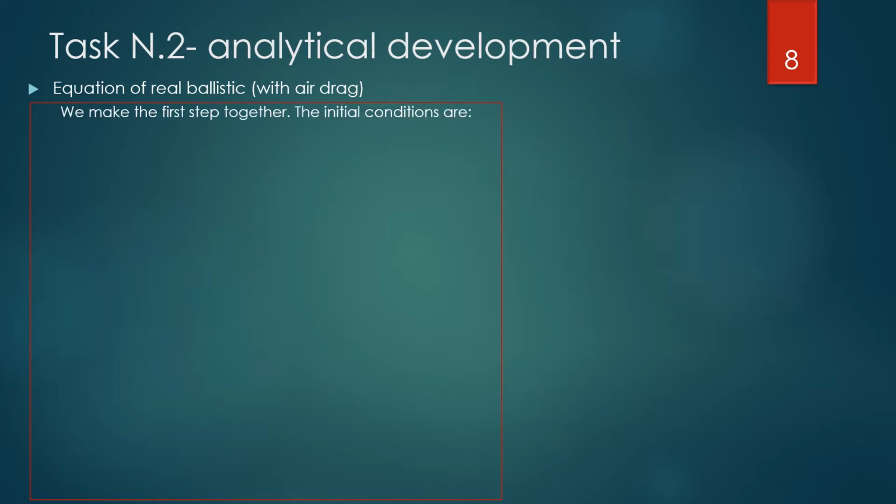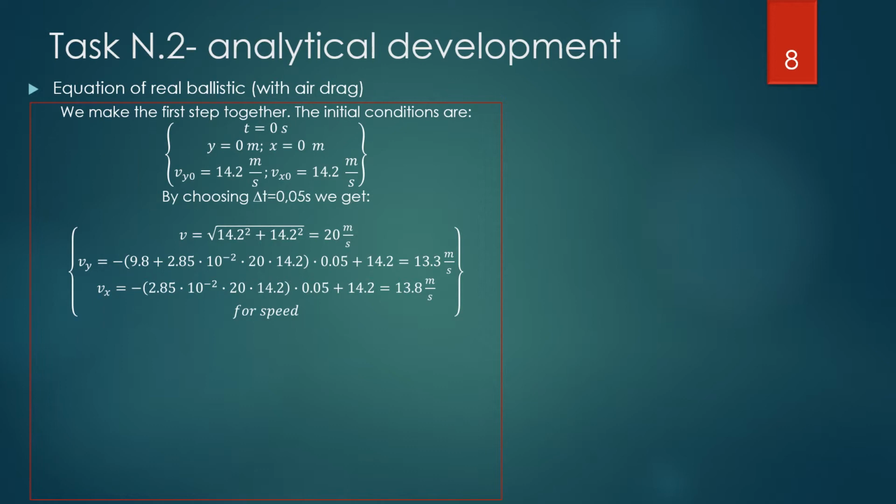We want to make the first step together. The initial conditions are t equals 0 and y and x are 0 because it's the origin of our reference, and the velocities are also equal, 14.2, because the angle is 45 degrees, and we decide to have a step of 0.05 seconds.